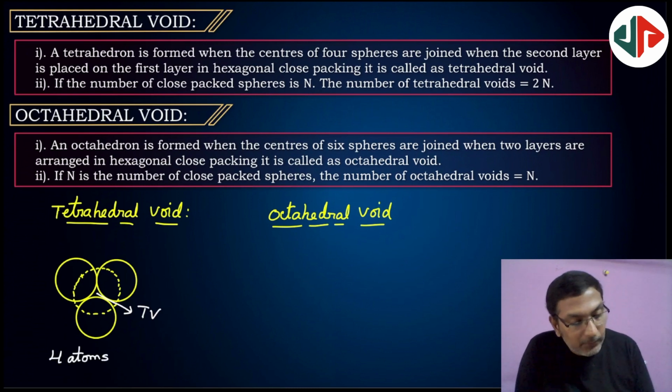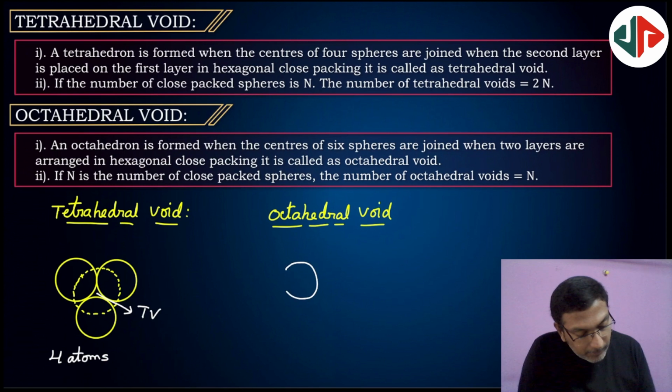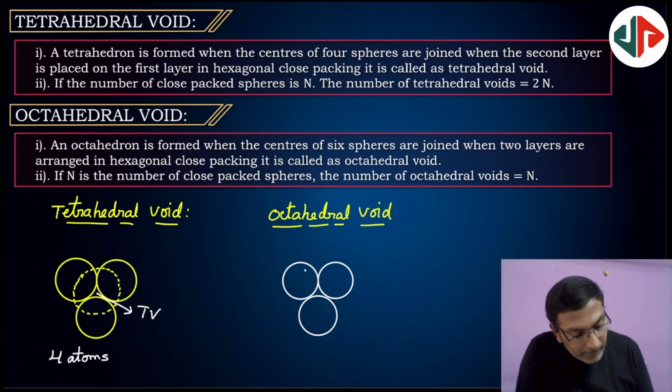Next, octahedral void. 3 spheres in one layer. Next, 3 more spheres above the 3 spheres, in a different layer.